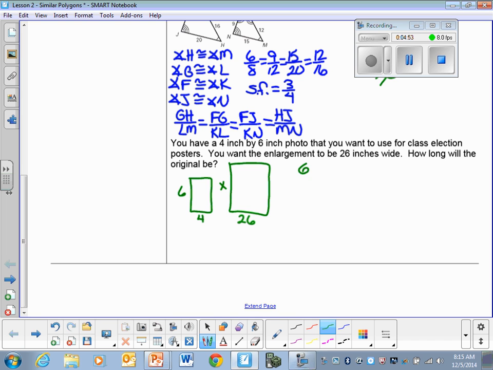Alrighty, so 6 over x will equal 4 over 26. 4x equals, sorry about that, had to find my graphic calculator. 6 times 26, 156. So x is 39 inches.